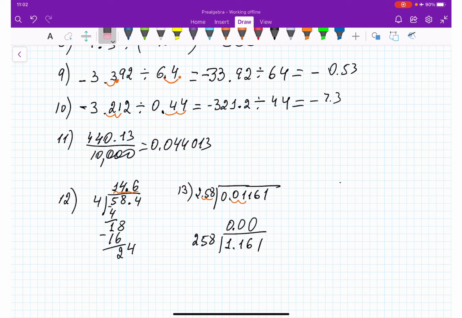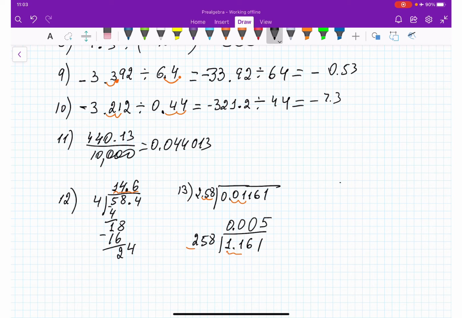And finally, when we have 1161, let me see, how many times? Let's try 11 divided by 2. If I take these first two numbers, 11 divided by 2, it's going to be 5. Okay, let's try.